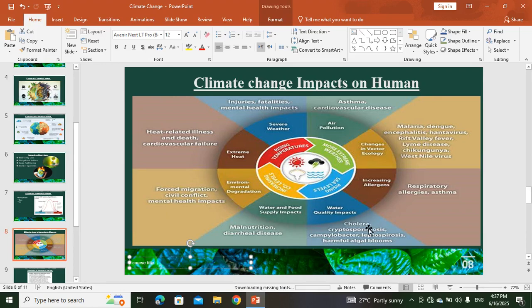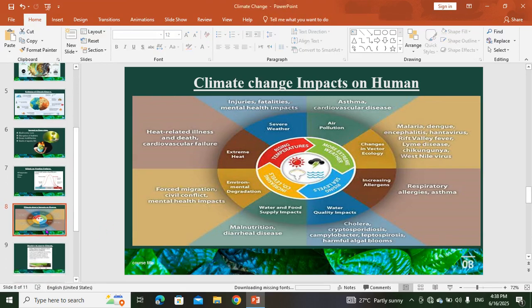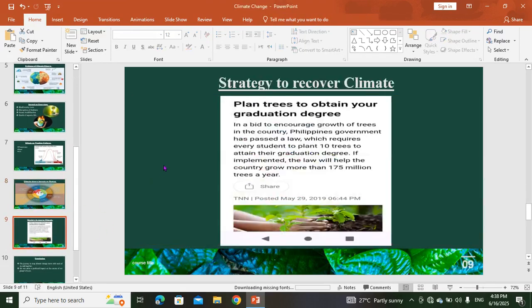Water quality impact: cholera, cryptosporidiosis and harmful algal blooms also occur due to climate change. Respiratory allergens and asthma, increasing allergens, these are all diseases that impact humans because of climate change. And the next is the strategy to recover the climate.